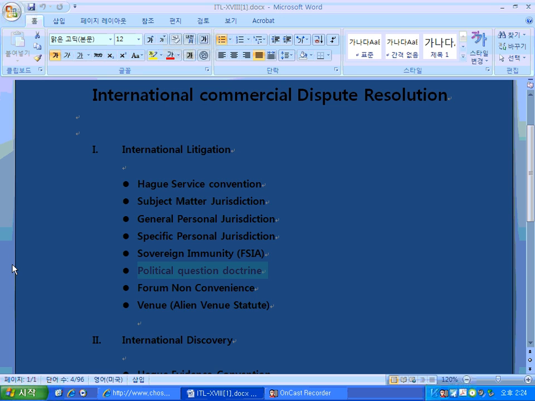So that is also related with our point between the traditional notion of a sovereign activity. So it is actually difficult to define clearly between the sovereign activity and a commercial activity and non-commercial activity.